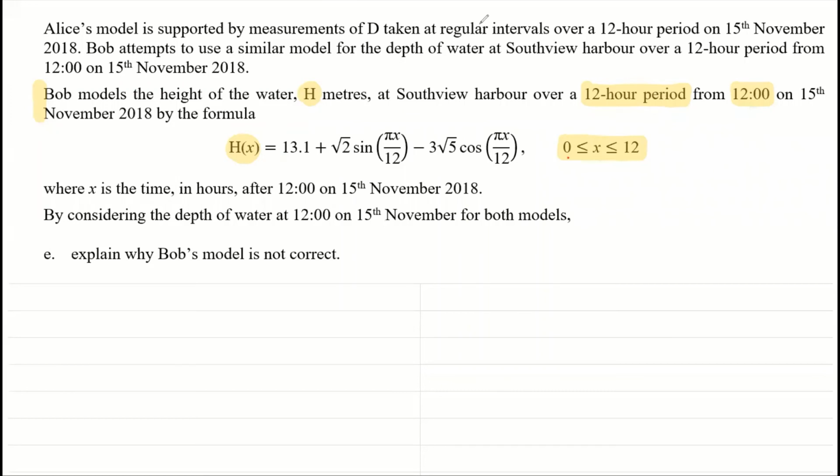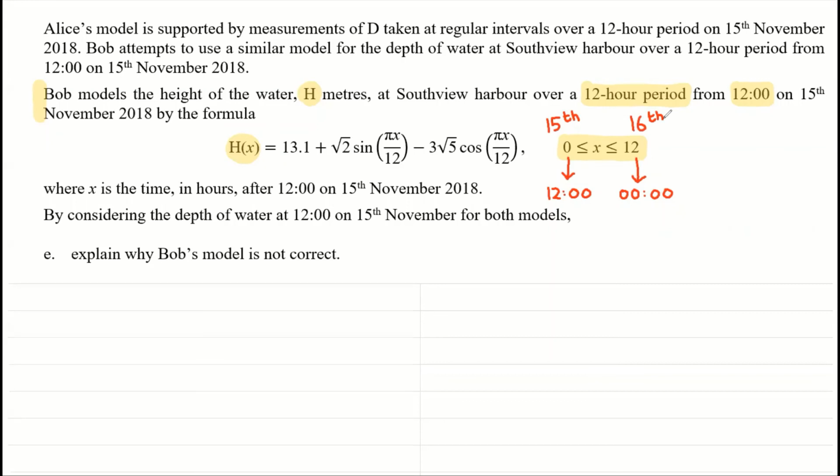So his 0 hours here represents 12 noon on the 15th of November, meaning that the 12 would be midnight on the 16th of November. Okay, so that's really important. So this is on the 15th of November. Okay, and then this would be the 16th of November. So it's the next 12-hour period.